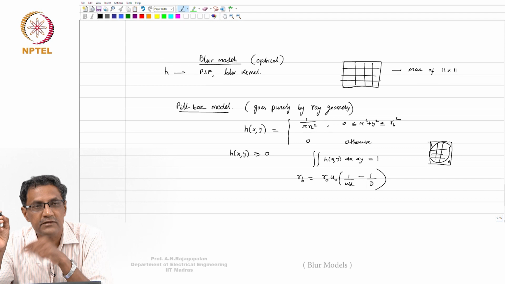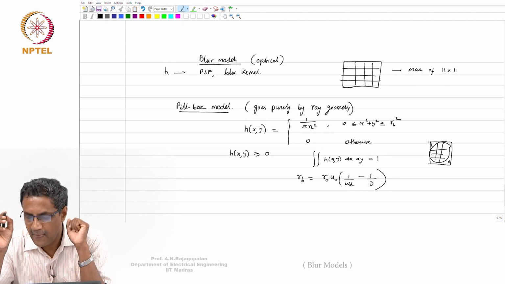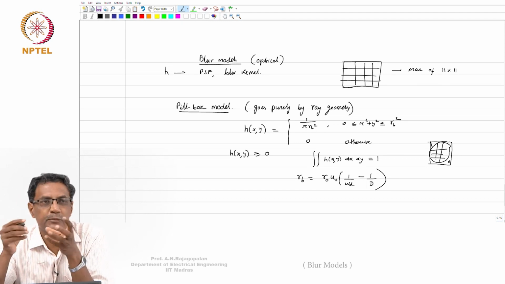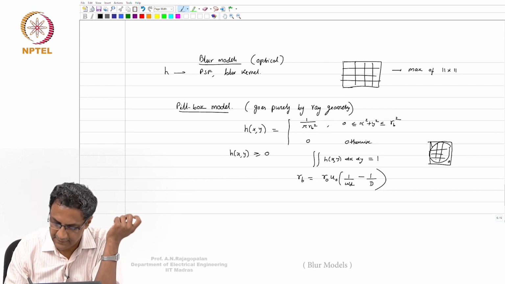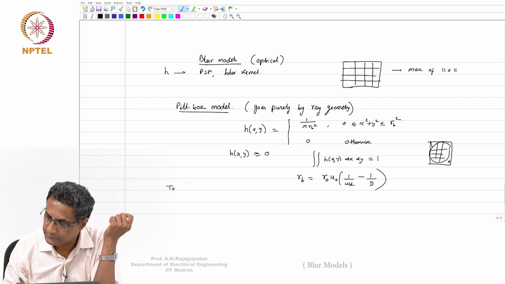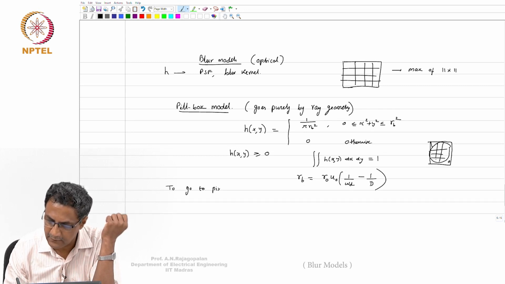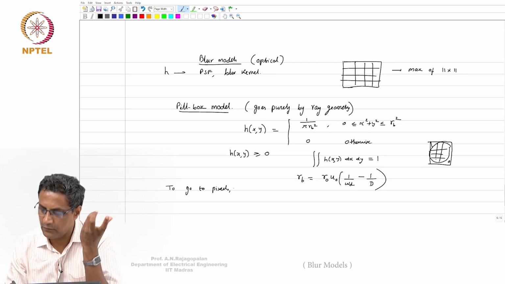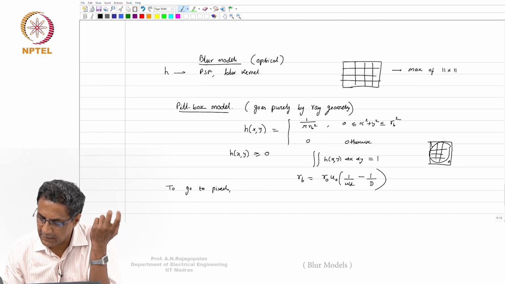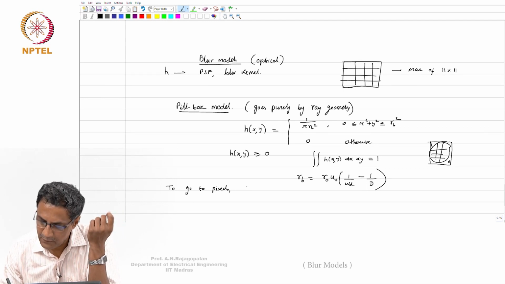So this R_B is the same kind of blur circle. In order to express everything in terms of pixels, because we don't talk about blur radius in terms of centimeters, what is normally done is you multiply R_B by rho.